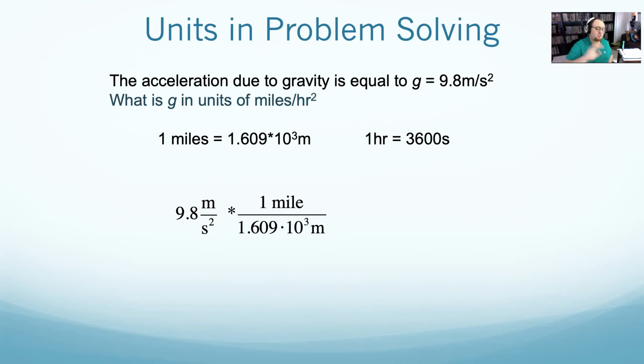Now, this is why you shouldn't just multiply together, because this shows me that when these cancel out, my number's on the bottom. So I'm not multiplying here, I'm dividing. And I'll multiply through. 9.8 times 1 mile divided by 1.609 times 10 to the third. And so 9.8 meters per second squared is the same as 0.00609 miles per second squared.